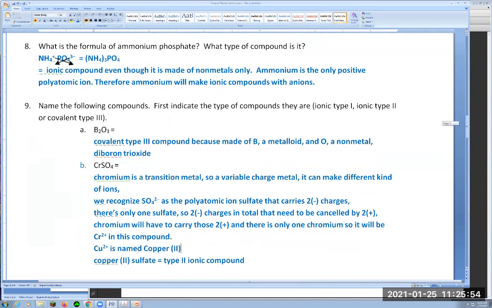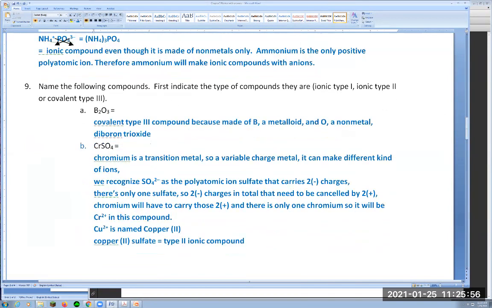You need to specify in Roman numeral the charge on chromium. Oh, sorry, it's copper, but here it should be chromium sulfate.